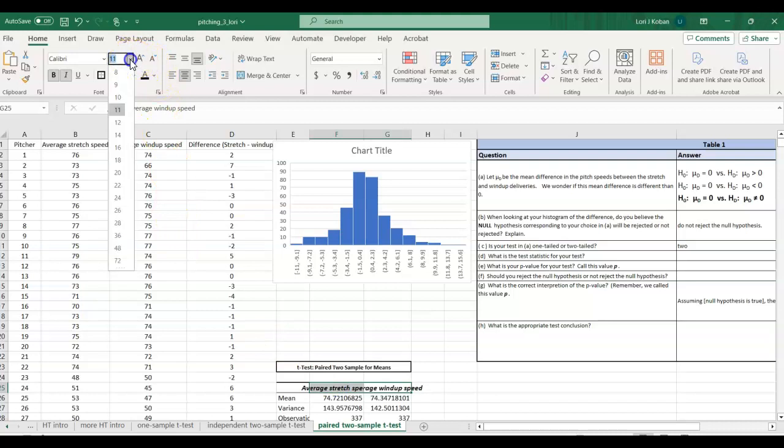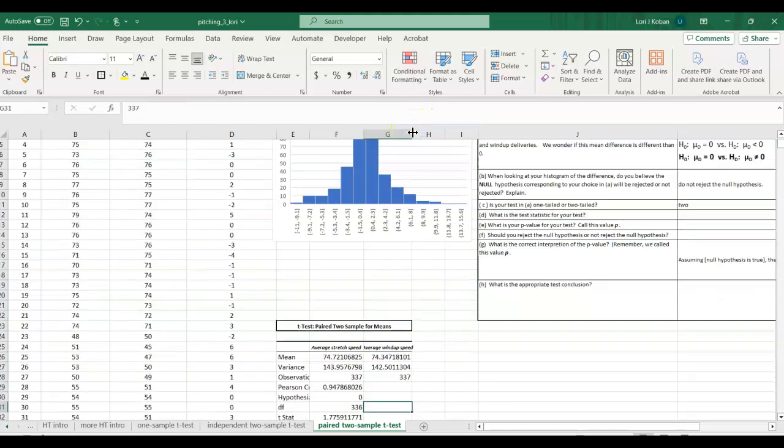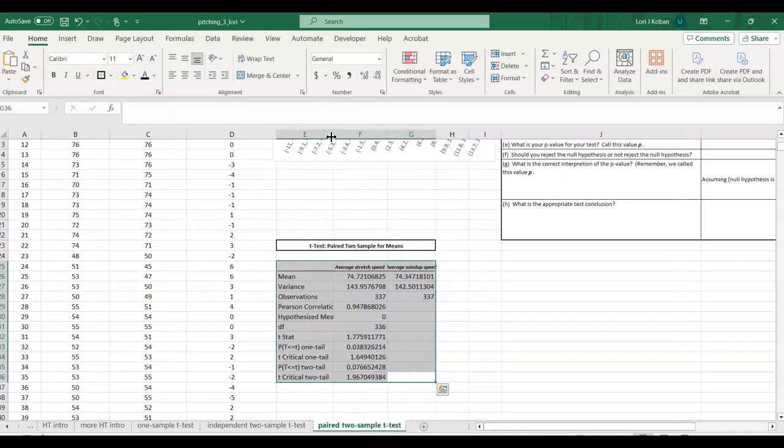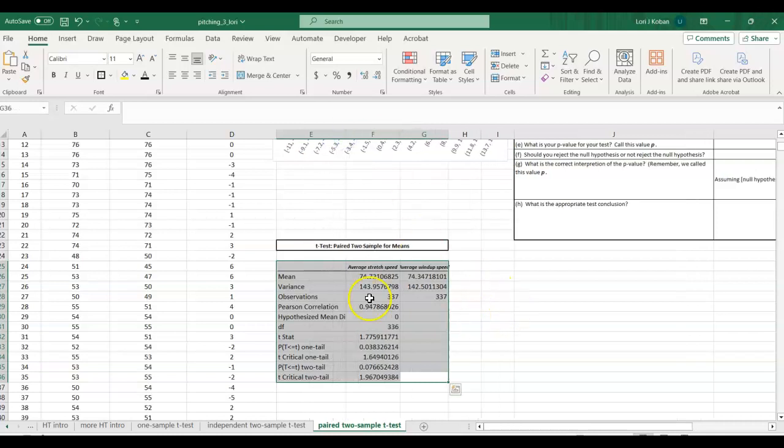So I'm going to reduce the font size here. And then we have a lot of our information from our hypothesis test. It will give you a correlation. We're not going to do that right now.